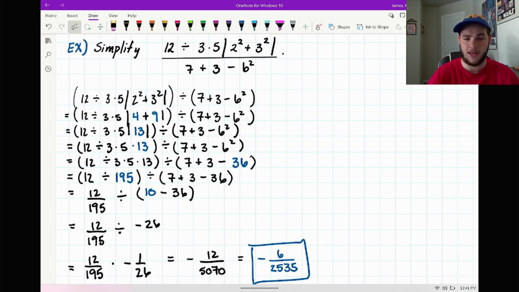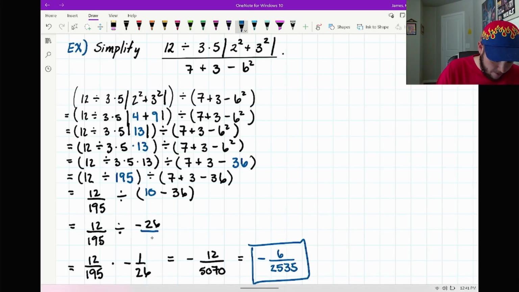Then, since I only had one set of parentheses on the left and right hand side, I could work on them simultaneously. I did my exponents, and then my multiplication, and then my division, addition, and subtraction to lead me all the way down to this line here, 12 over 195 divided by negative 26. Remember, to divide by a fraction, we multiply by its reciprocal.